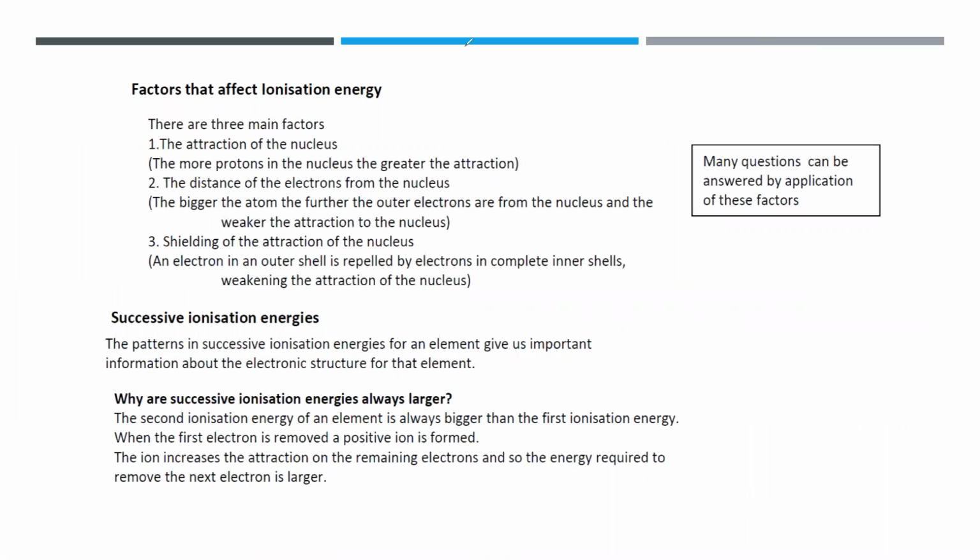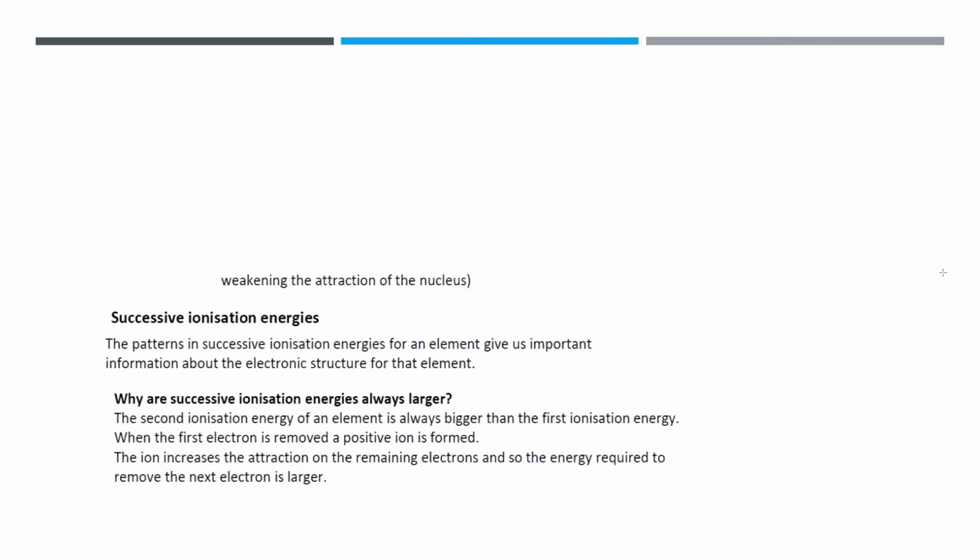In the same way, if instead of sodium you were having aluminium, which is 27 and 13, when you write the electronic configuration, it will be 1s2, 2s2, 2p6, 3s2, 3p1.